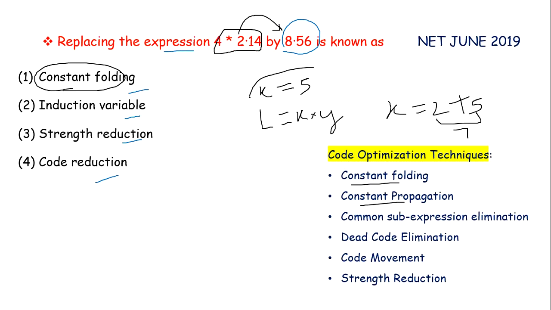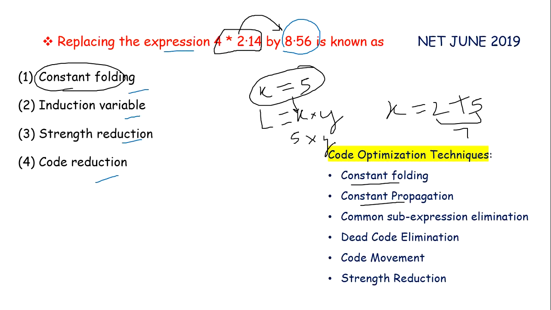If the value of x, that is 5, will remain the same throughout our code, we will replace this variable x with value 5. So it will be 5 into y. The only condition is that this value of x should not get altered in our code. So this is constant propagation.